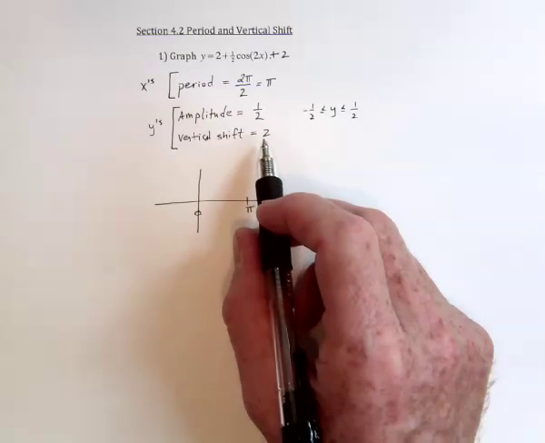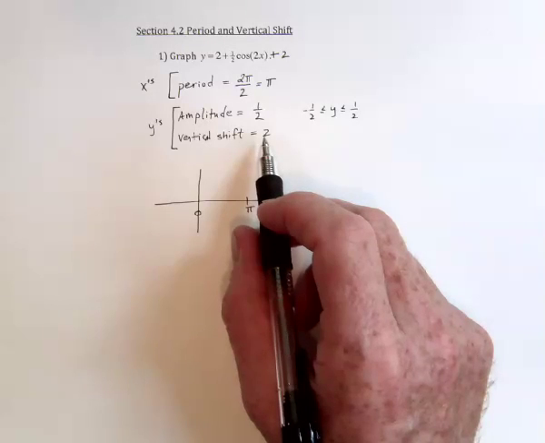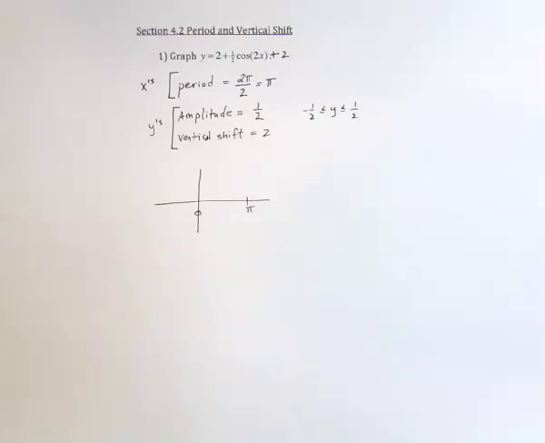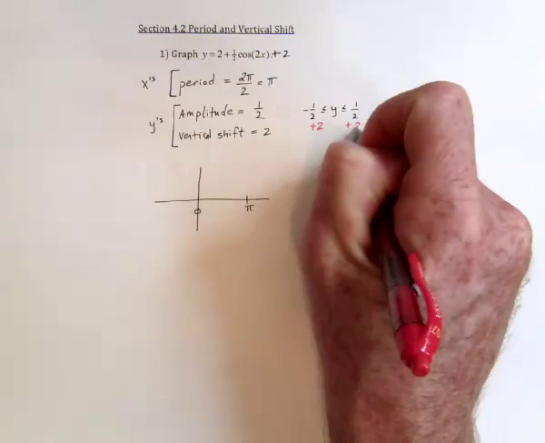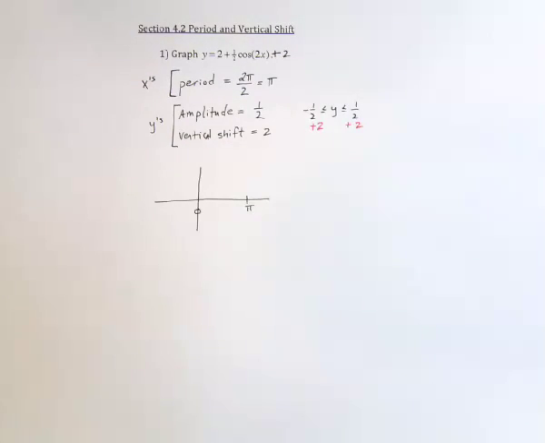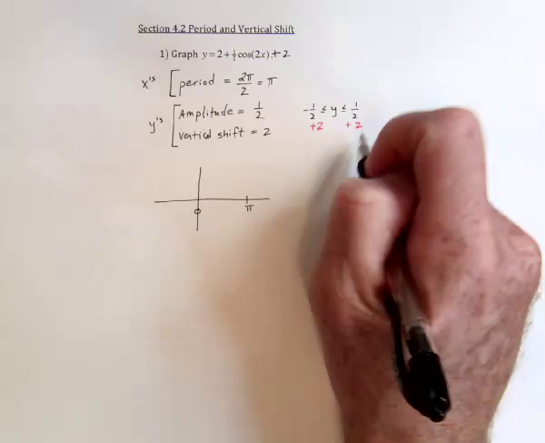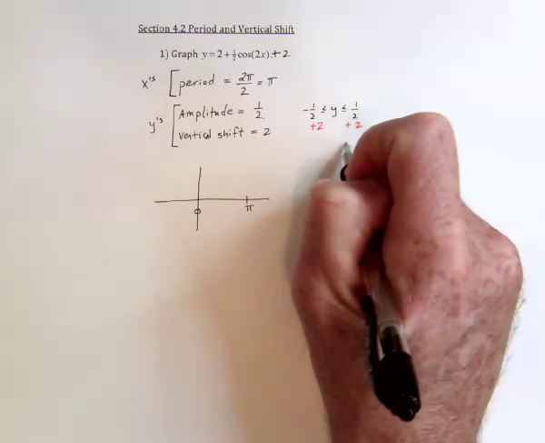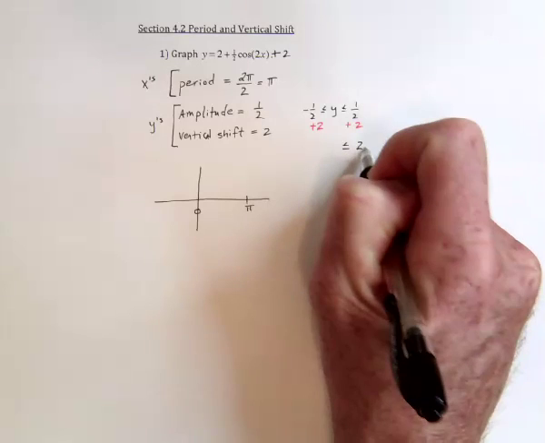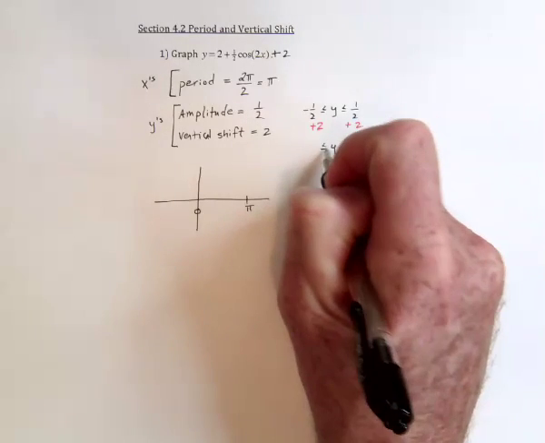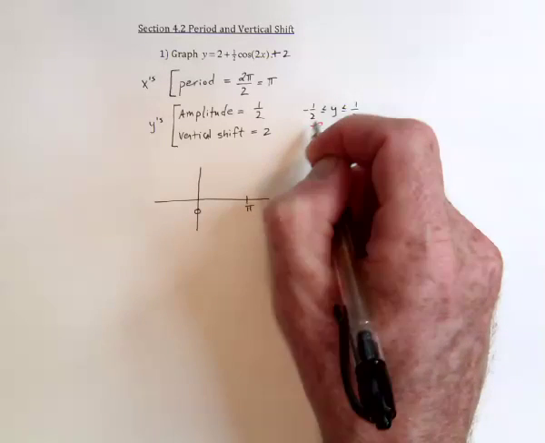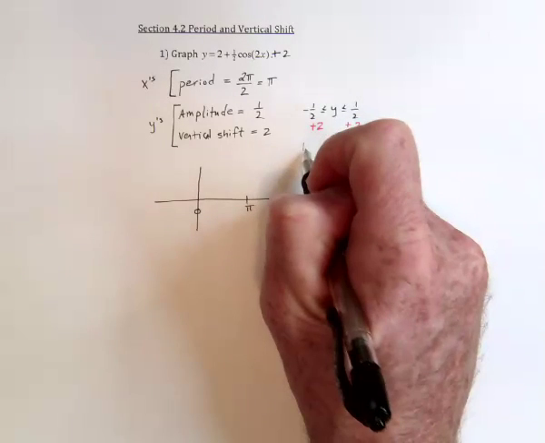Then vertical shift means add 2 to that. So we now need to add 2 to these to shift it up by 2. So over here would be 2.5, or I could use a decimal 2.5, and over here would be 2 minus a half is 1.5.